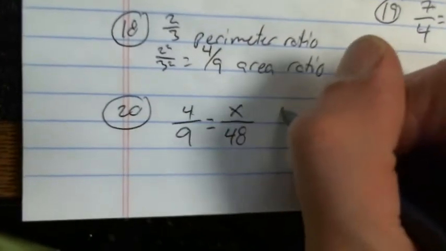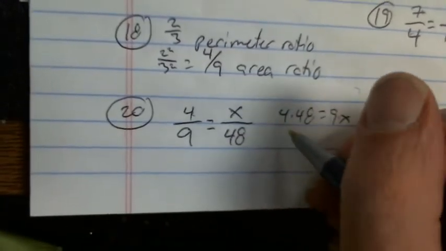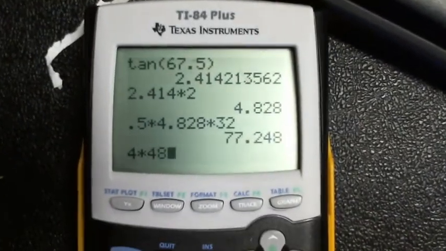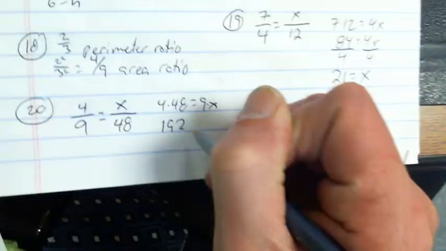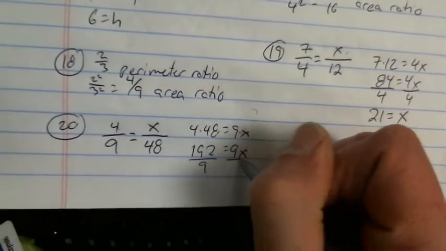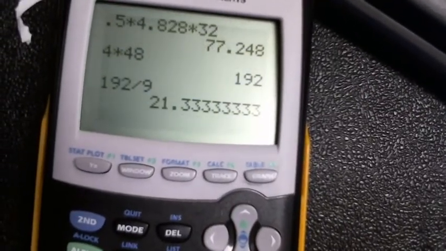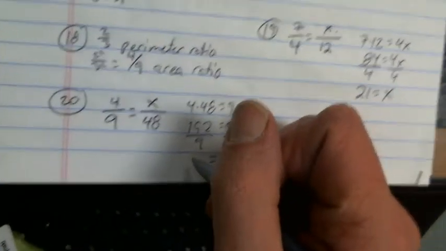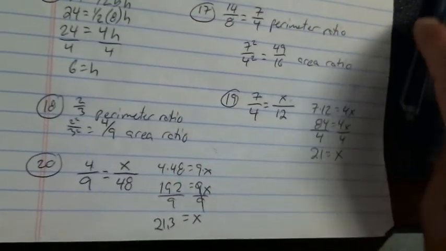Cross multiplication, 4 times 48 equals 9 times x. 4 times 48 is 192. 9x. Divide both sides by 9. 21.3, excuse me. That's it. That's the last problem. Good luck on your test.